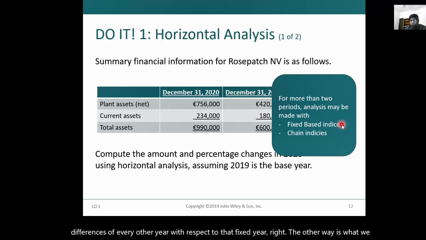So that's for every year we take the previous year as the base year. So for example, for 2017-18 comparison, 17 is 100, so 18 is whatever plus or minus of that 100. Between 2018 and 19, 18 is 100, right? So you divide the differences with the base values of 18. So this is known as the chain indices. So both of these methods are actually produced depending on what is the requirement of the analysis.